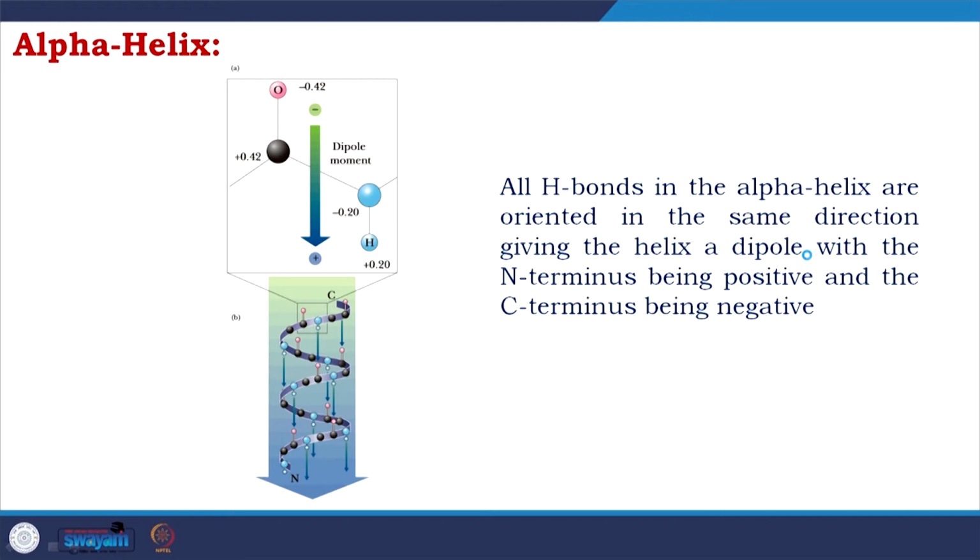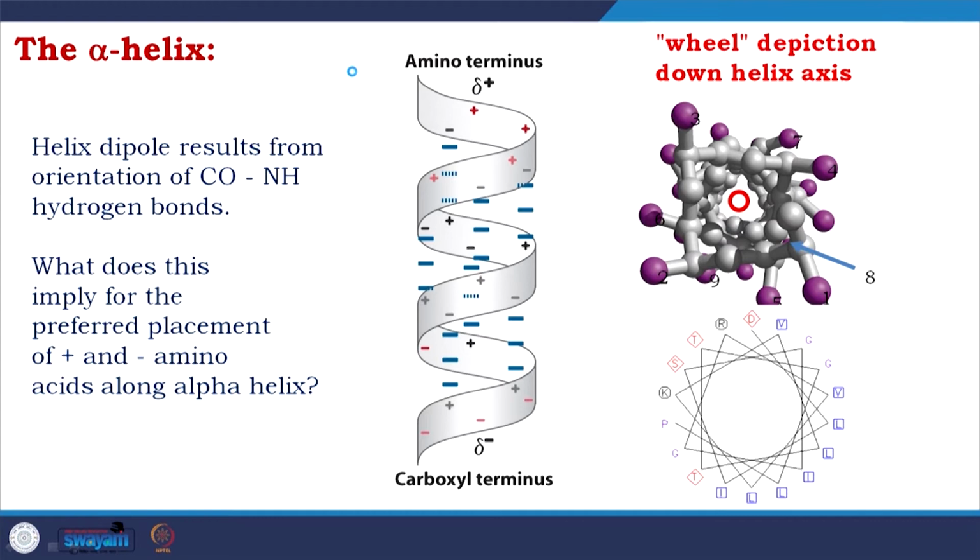If you see here, in the N terminus it is plus 0.42, in the O it is minus 0.42. The helix dipole results from the orientation of the CONH hydrogen bonds. You get delta plus in the amino terminus, delta minus in the carboxy terminus. What does this imply for the preferred placement of positive and negative amino acids along the alpha helix?